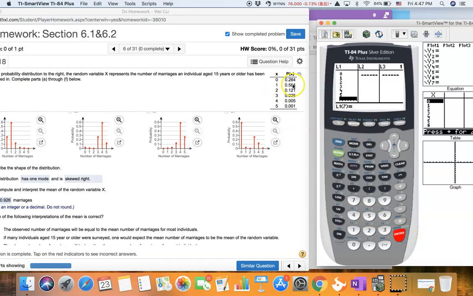And then we're going to put in the probability. So we go to the second column. To go to the second column, you click this arrow key.